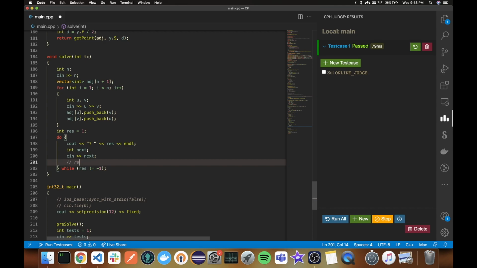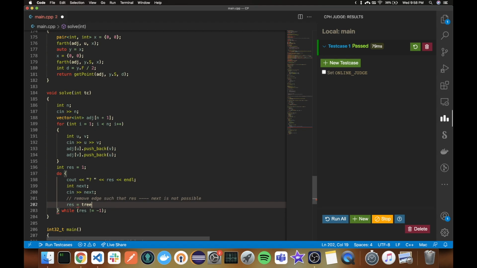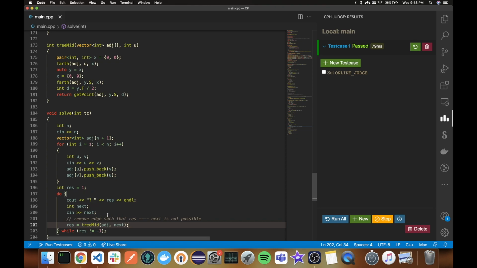So after I remove the edge such that res to next is not possible anymore, then what I'm gonna say is res equals to get tree mid. Okay, and that would be adjacency, and whatever is the new root. The new root is this. Cool.